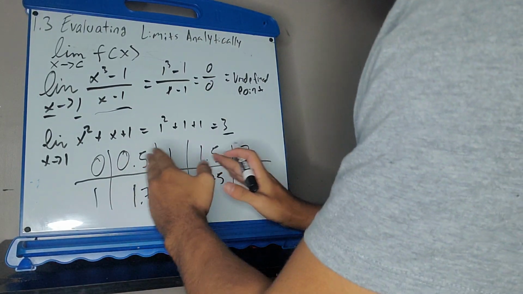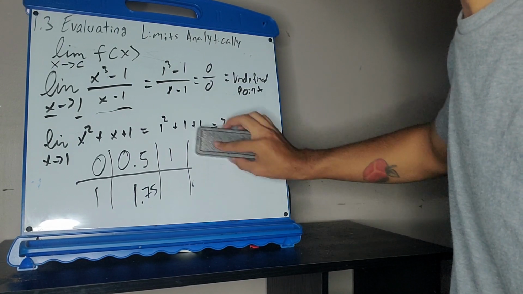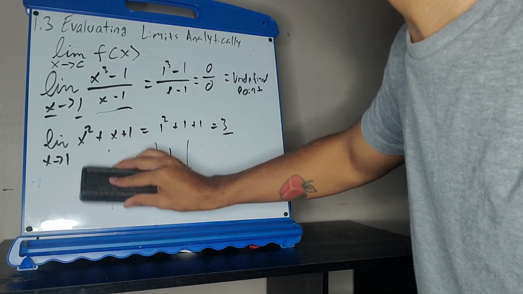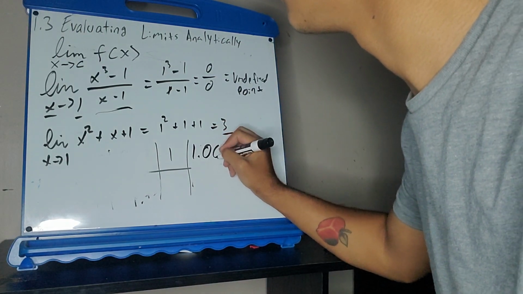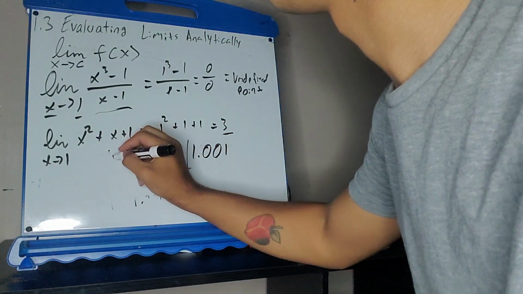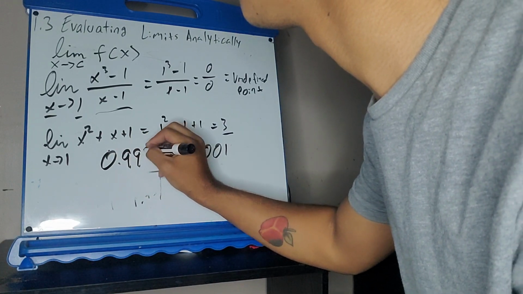So we need to continue finding closer and closer values in an attempt to get as close as possible. We will do 1.001 and 0.999.